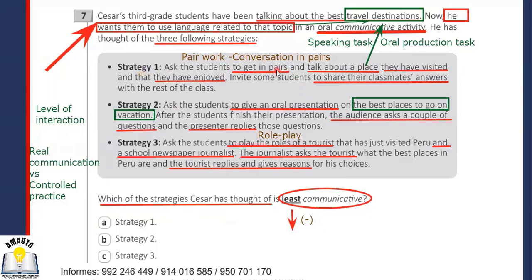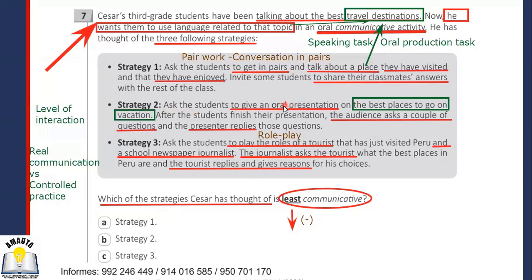Students first talk to each other in a conversation, and then they don't interact anymore, but they share their findings in the front, and they report their classmates' answers, right?